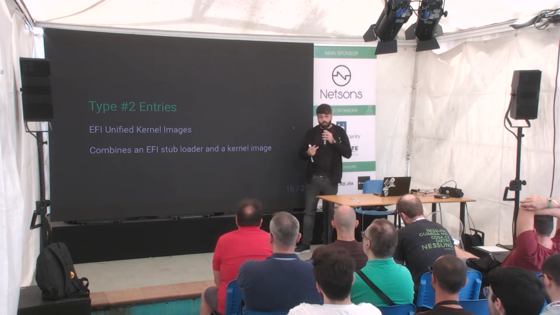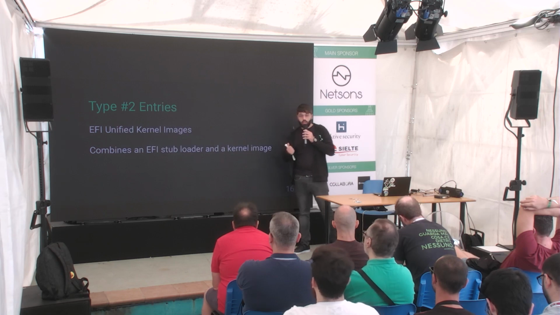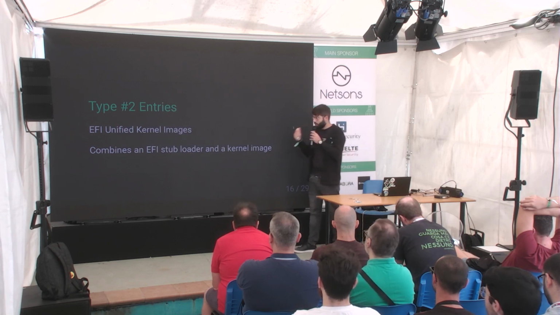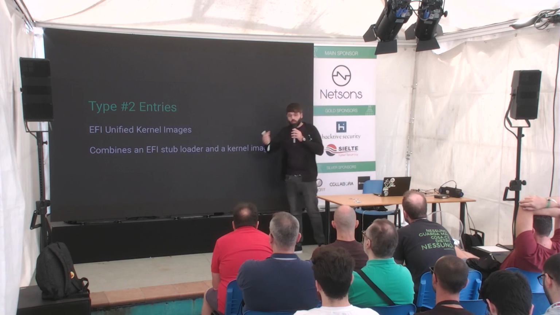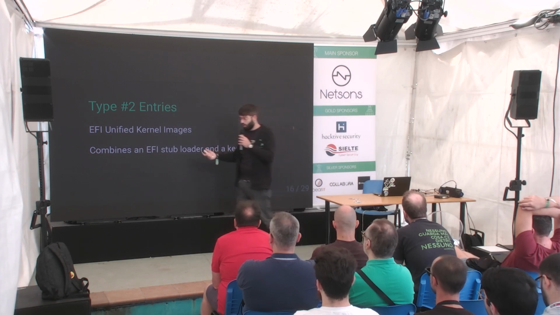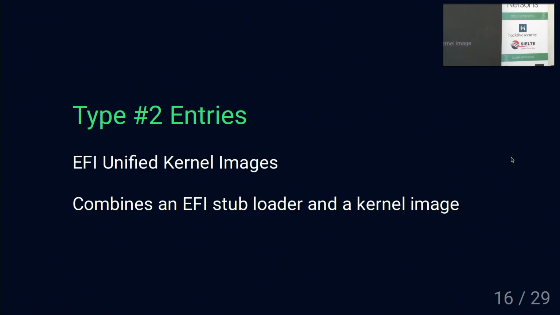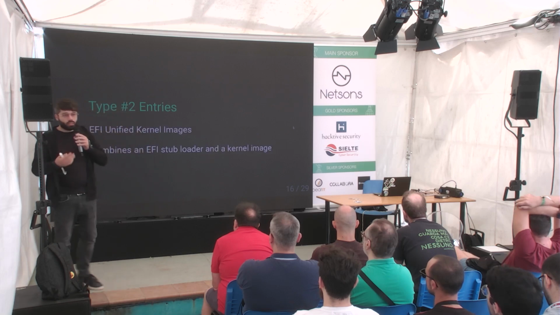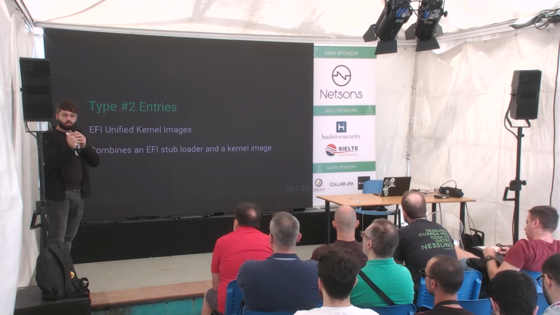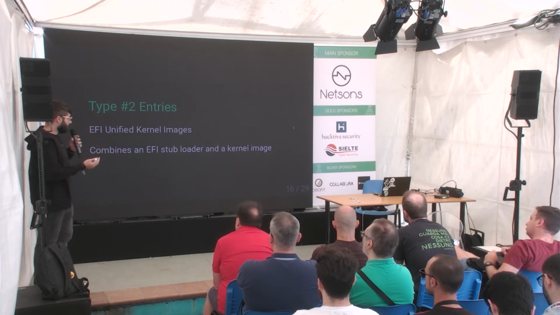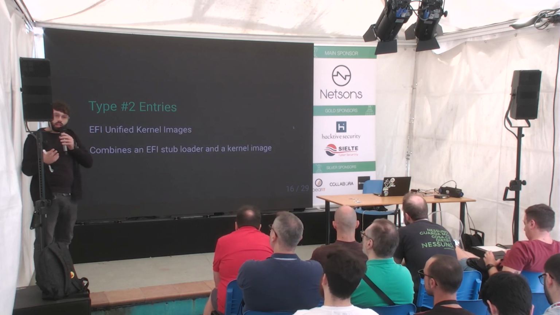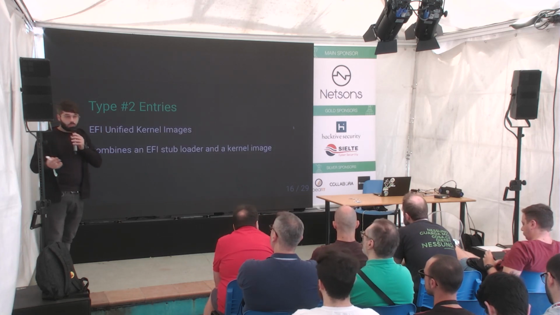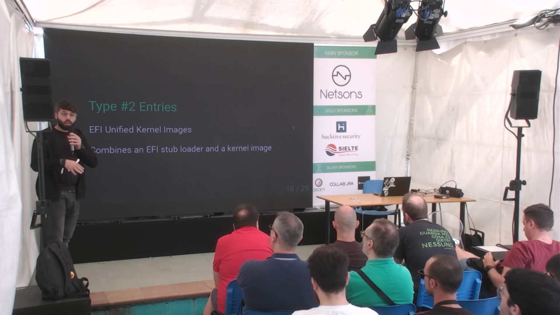The two important things are the EFI stub, which is basically the part required to be loaded by the firmware, by the bootloader, and the second part is the kernel image. So we have just this blob, basically containing the EFI stub and the kernel image. If we need anything else, options, other files, we can embed them as well.